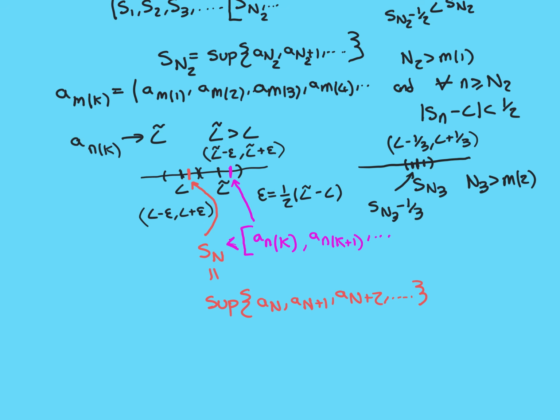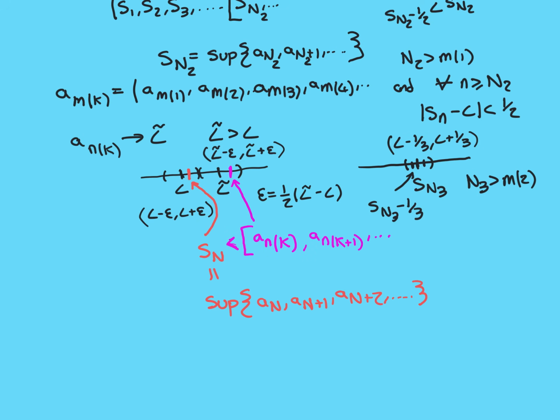So eventually you must get to a point in this tail end of the subsequence where it and all the things beyond it are in this tail end of the original sequence, and therefore you can conclude that they must be less than or equal to this value, but I've also got that they are strictly greater than that value, and therefore there's the contradiction.